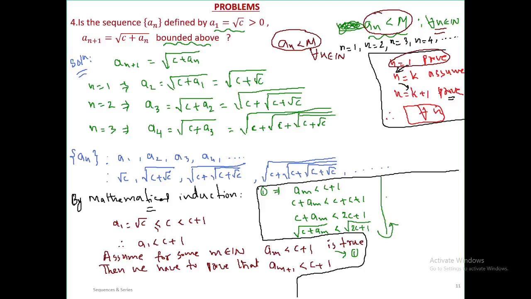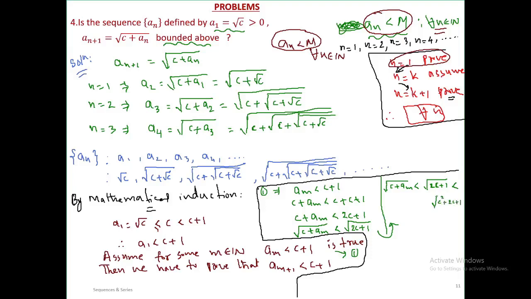So now can I write square root of C plus a_m less than square root of 2C plus 1, but can I write this is less than now? This is the main step, listen carefully. This is 2C plus 1, can I write this is less than square root of C squared plus 2C plus 1?